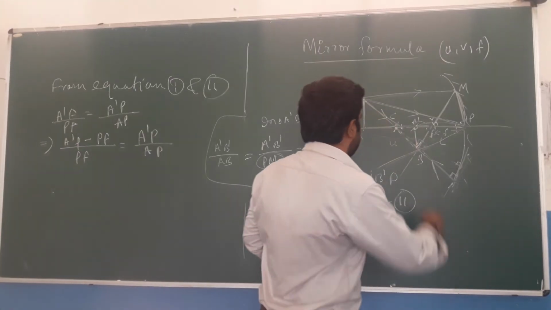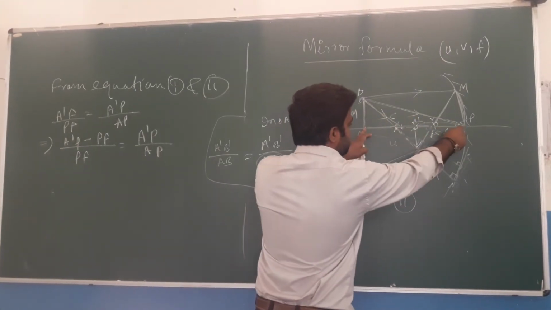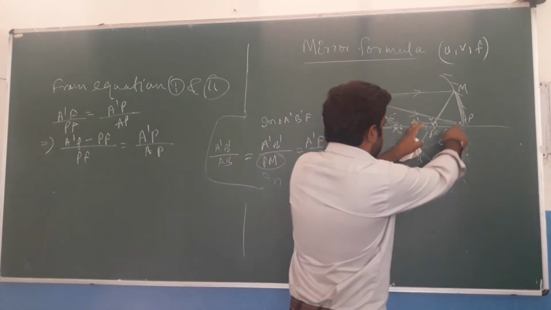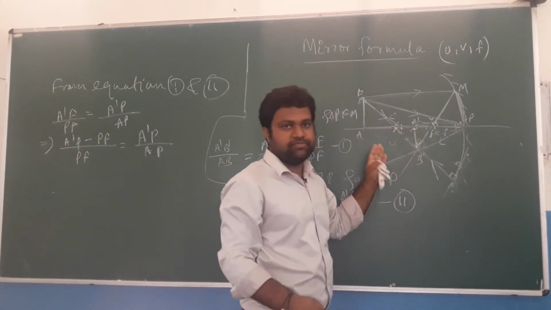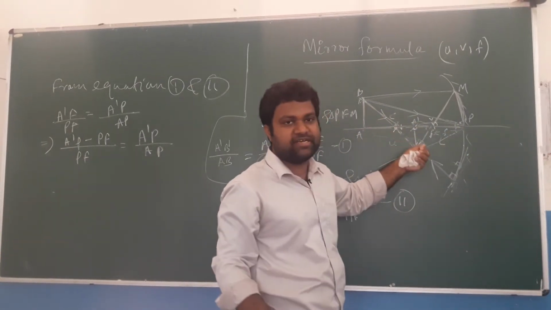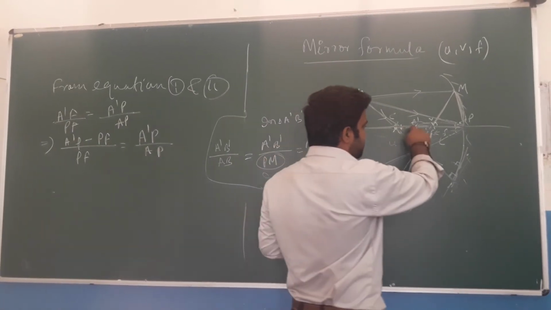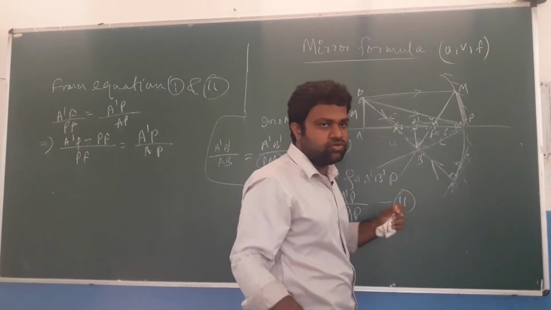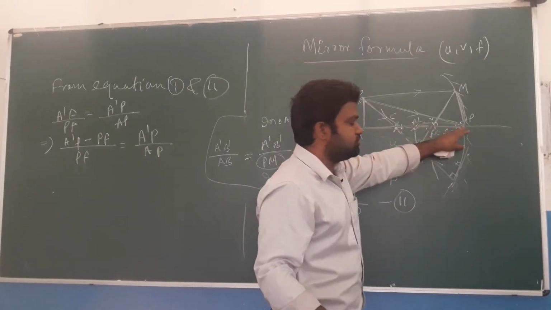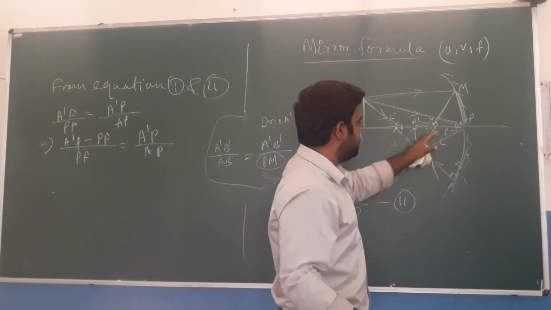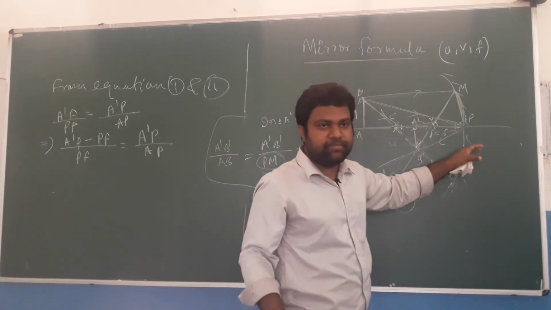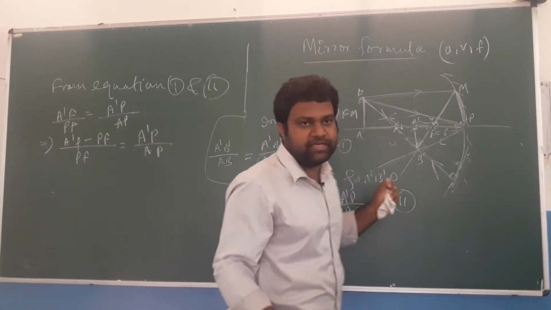So our u, the object distance, will be negative. The image distance, for this case, because the image formed here is a real image on the left hand side, we will take the image distance v as also negative, and the focal length for this concave mirror will also be negative.